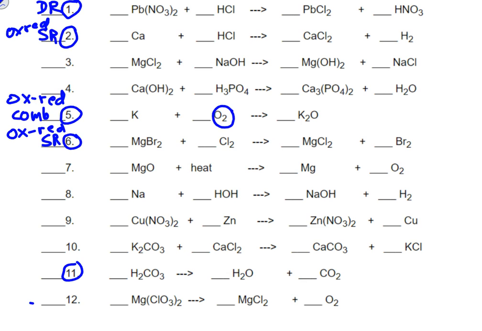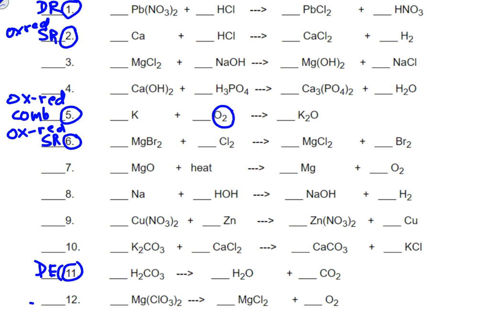Okay. How about 11? What do we have there? 1 becomes 2. What is it? It is decomposition. Now remember, decomposition can sometimes be oxred.